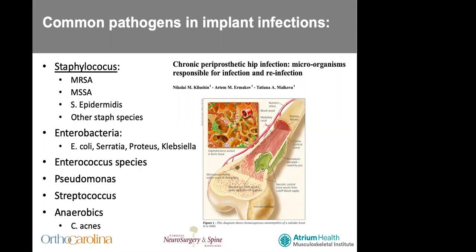Enterobacteria like E. coli, Serratia, Proteus, and Klebsiella are also found. Some of these spread hematogenously. Enterococcus species and Pseudomonas, as well as Streptococcus species, are also found, although less common than Staphylococcus. And then anaerobes, most commonly C. acnes, formerly known as P. acnes, can also be found.